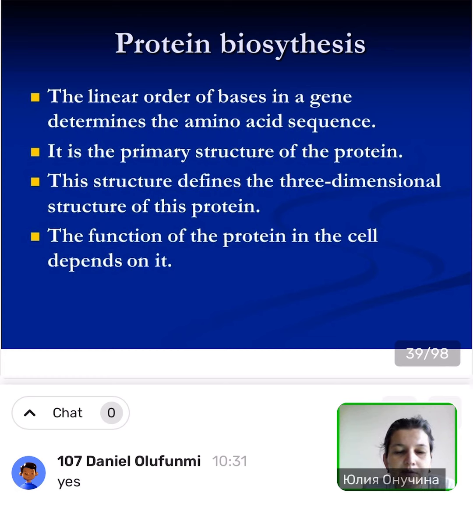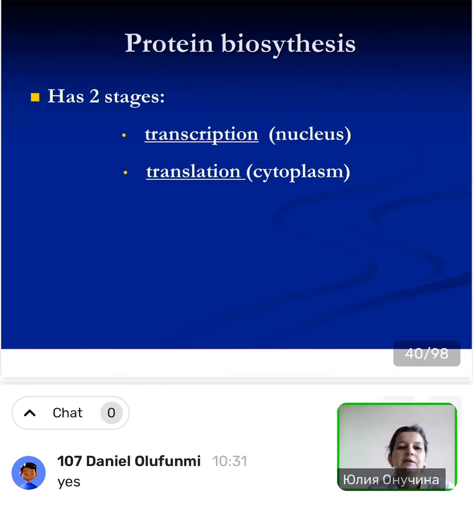Protein biosynthesis. The linear order of bases in a gene determines the amino acid sequence, and it will be the primary sequence of protein. So we begin. There are two main stages of biosynthesis of protein.